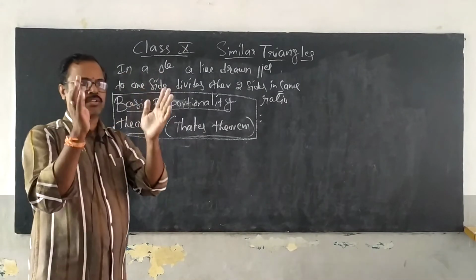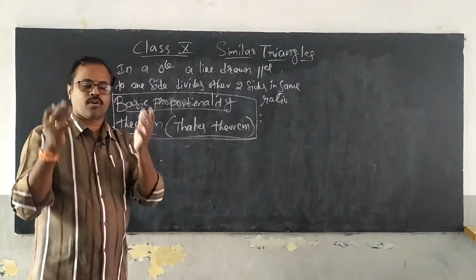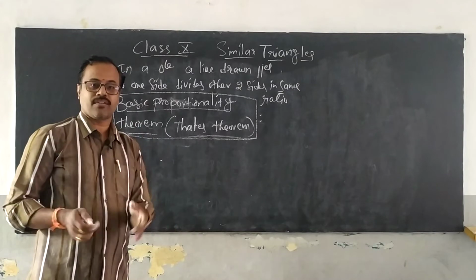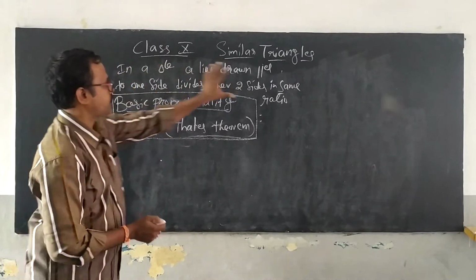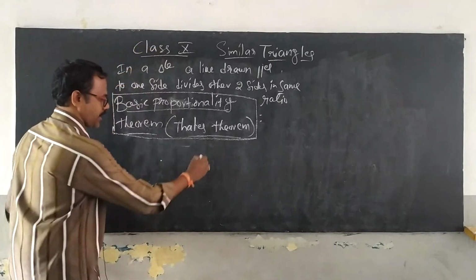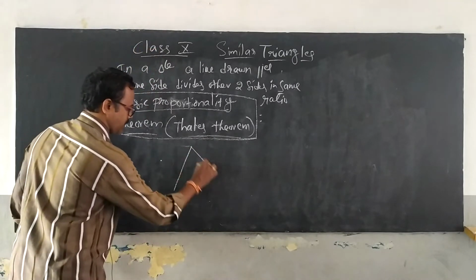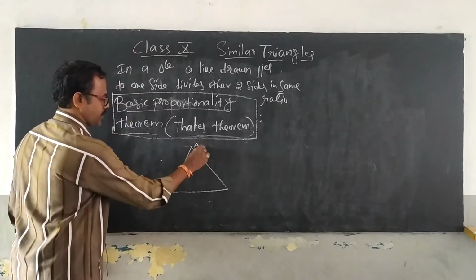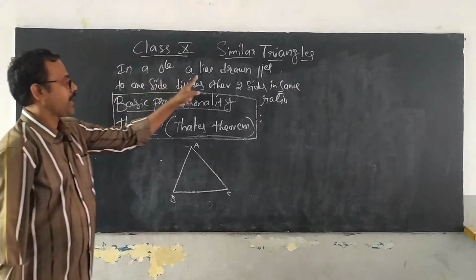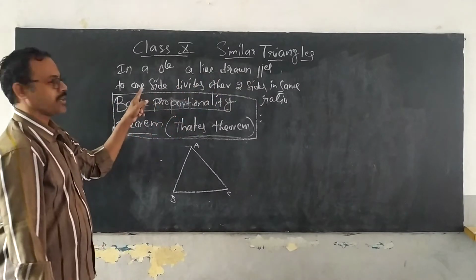Having this statement in your mind, you must be able to draw the figure first of all. Out of this total statement, what is the main thing here? Triangle. You need a triangle. So we are taking a triangle here. Let us take a triangle ABC, and a line drawn parallel to one side.